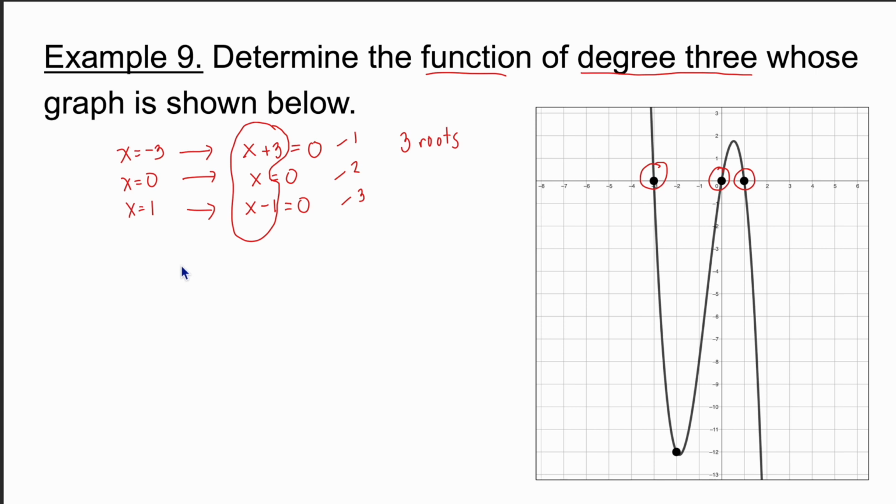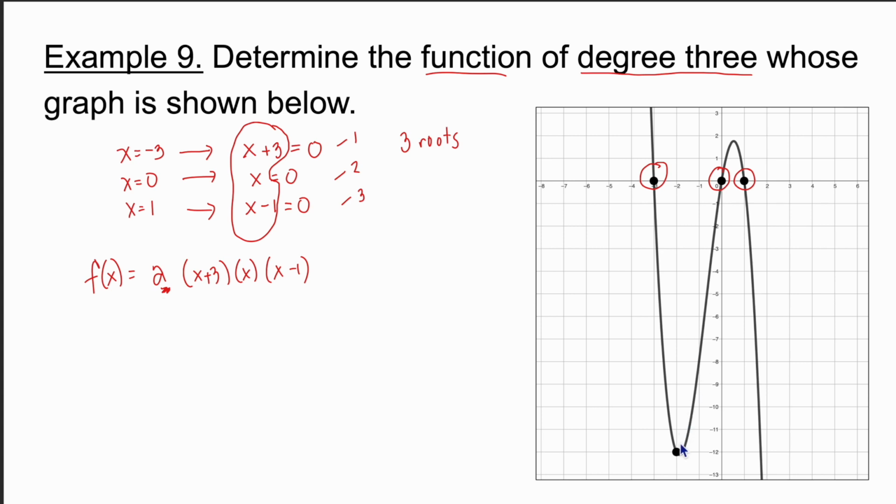So, we can now write the function as f of x equals a times x plus 3 times x minus 1. Ano yung a na to? This is our coefficient. Okay? Ang problema natin ngayon, hindi natin alam ano yung value ni a. So, how will you find the value of a?